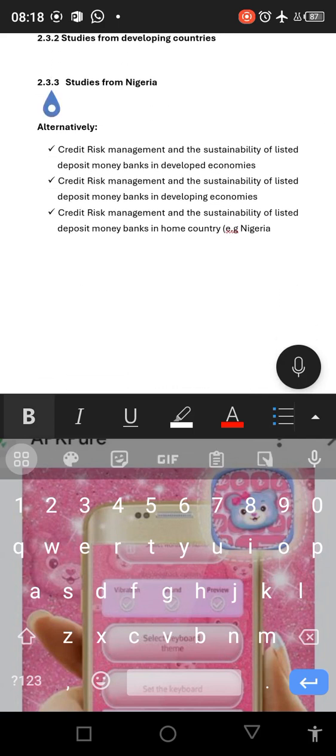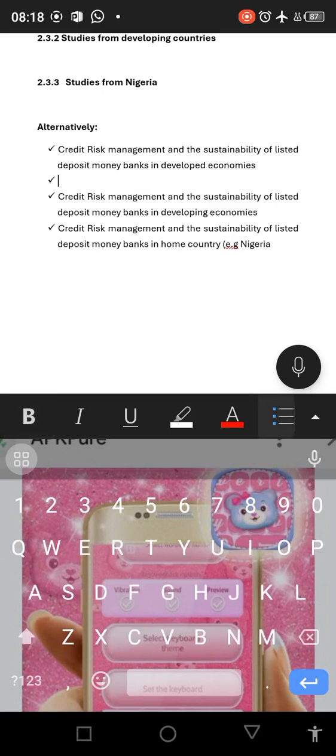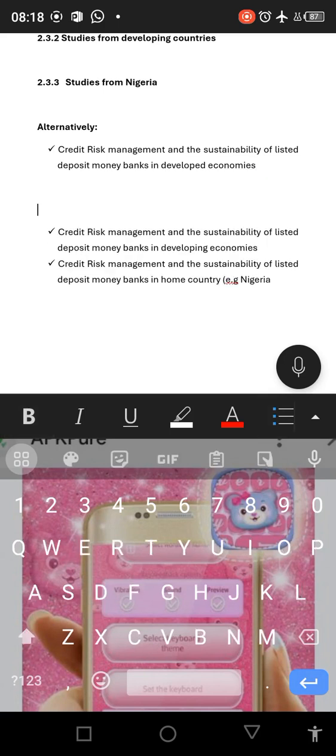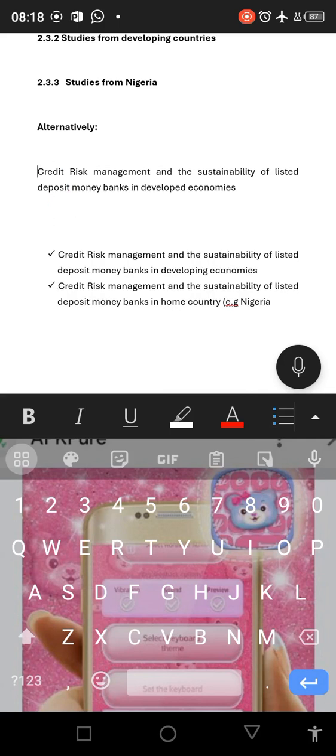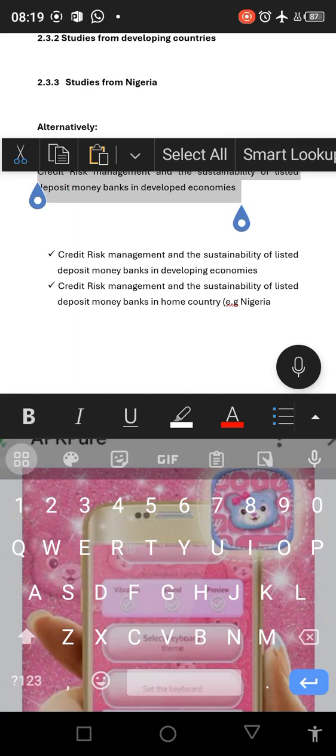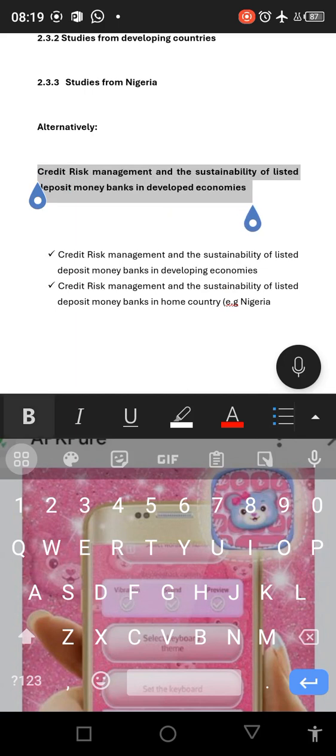That's what makes the difference. I will include my topic, and it will be credit risk management and the sustainability of listed deposit money banks in developed economies. You understand? So this shows that I am reviewing under developed economies also. It's still the same thing, or developed countries.